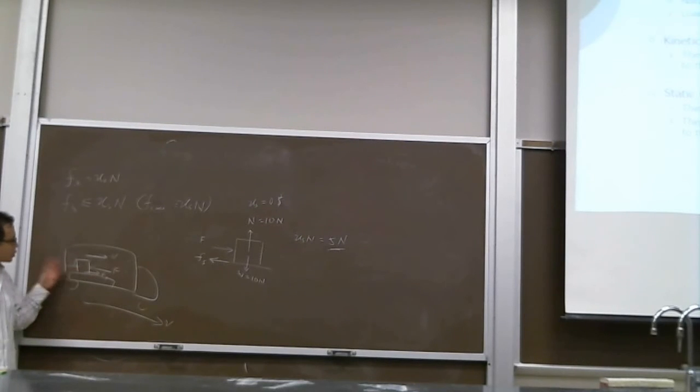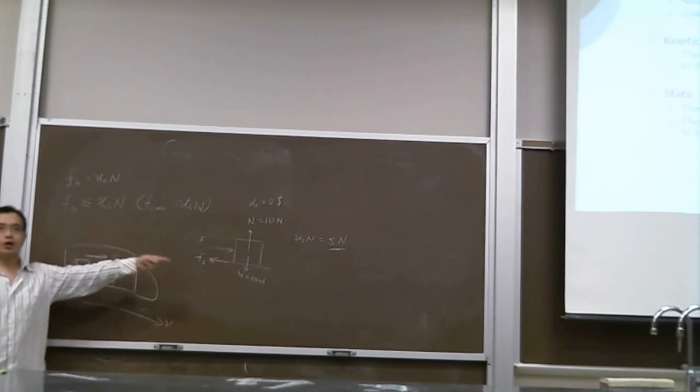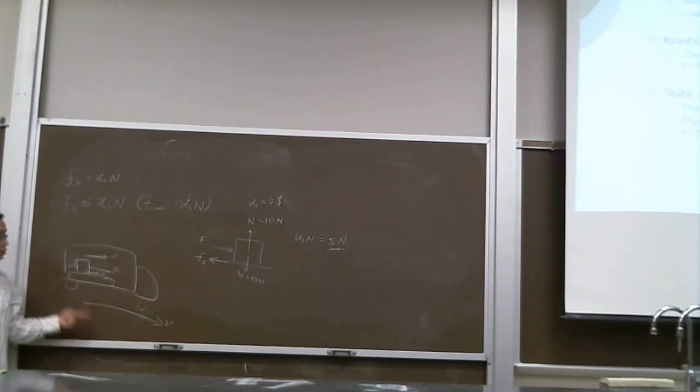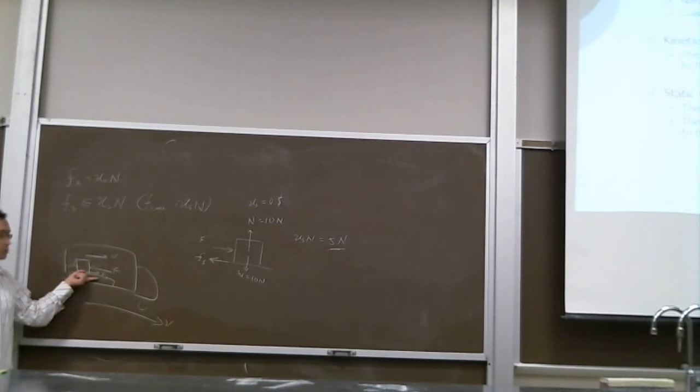This object moves together with the truck in that direction relative to the ground, but relative to the surface here, it is not moving. So it's static friction, against the external pushing force. In this case, the static frictional force is actually in the direction of the motion, but that's not the relative motion.